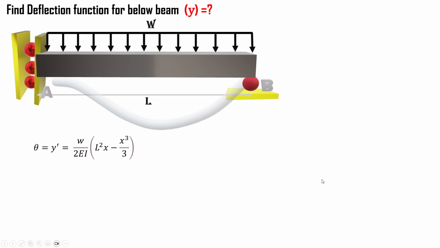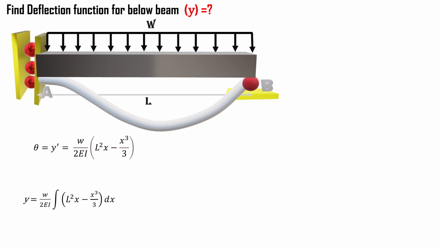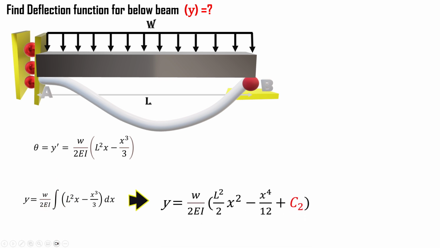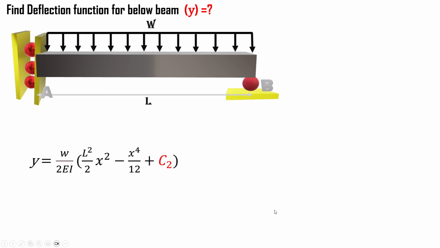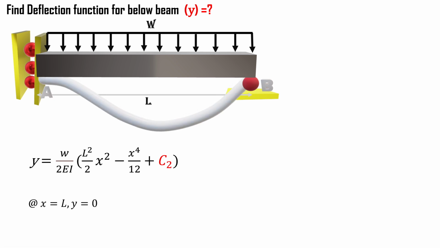And as soon as we have that, we can move on and calculate the y function based on theta, which is the integration of theta, and by doing so, our delta function is this term plus C2. Again, move to another boundary condition for our y function: at x equal to L, y is equal to 0.